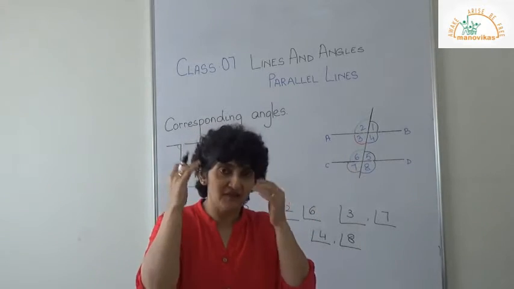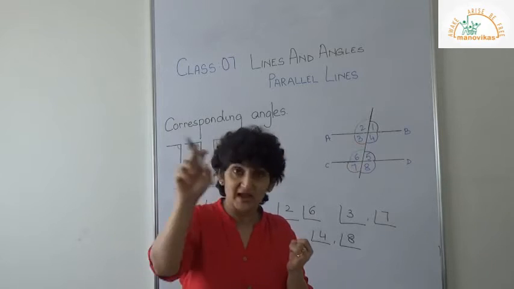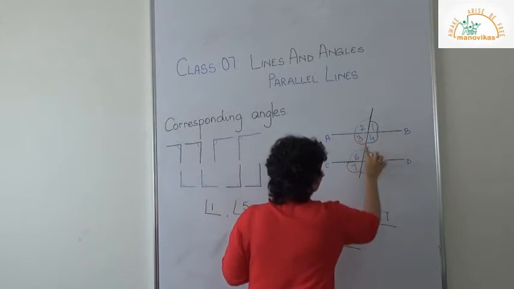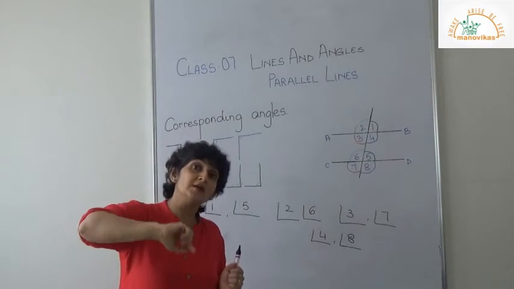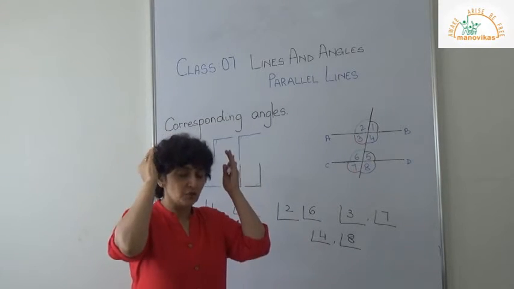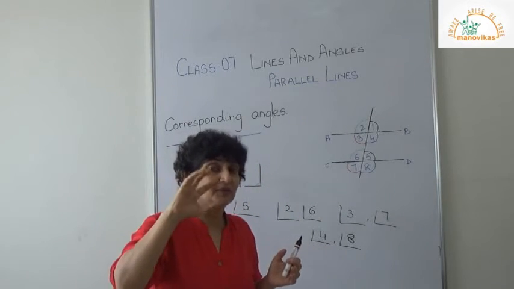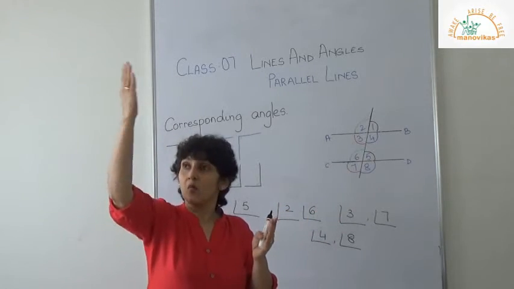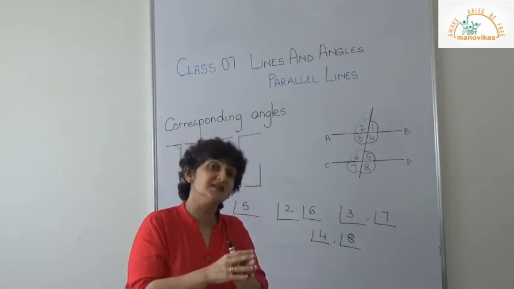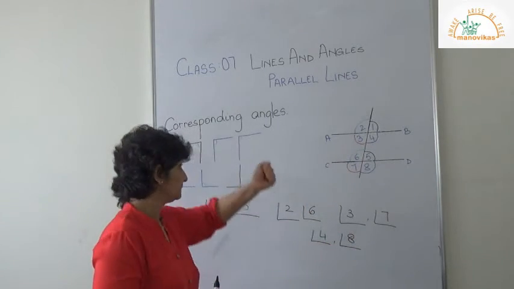Let's just revise once again. We have alternate interior. I said don't forget the Z shapes, isn't it? And then similarly we have alternate exterior. So when you say alternate interior, alternate exterior, remember the interior angles and the exterior. Alternate means one on one side of the transversal and the other will be on the other side of the transversal.